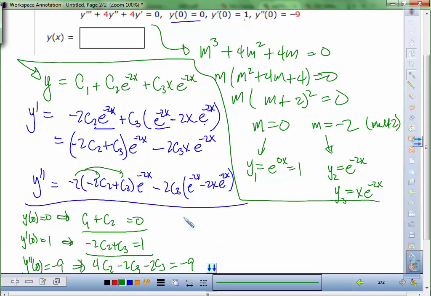Let's see if we can get this written a little bit better. c1 plus c2 equals 0. -2c2 plus c3 equals 1. And positive 4c2 minus 4c3 equals -9. Did I do that right?